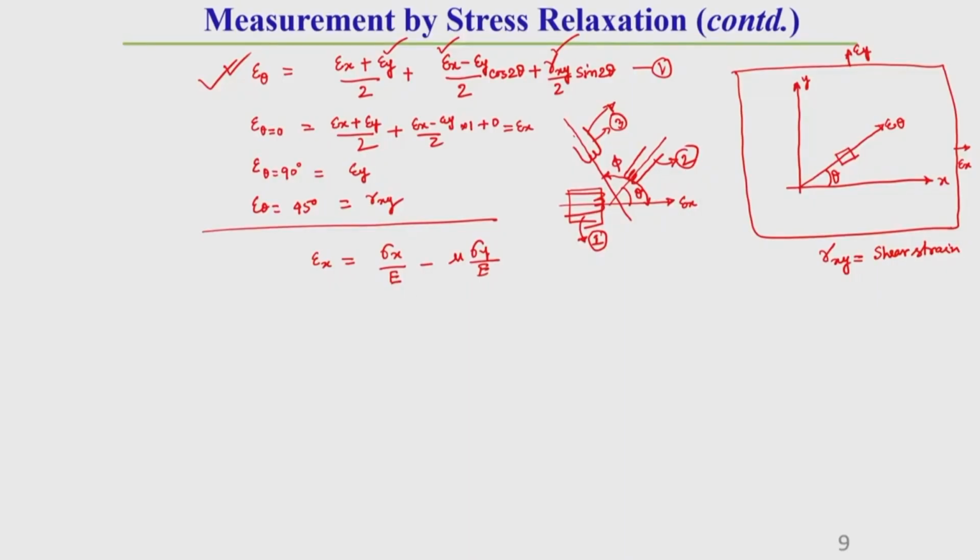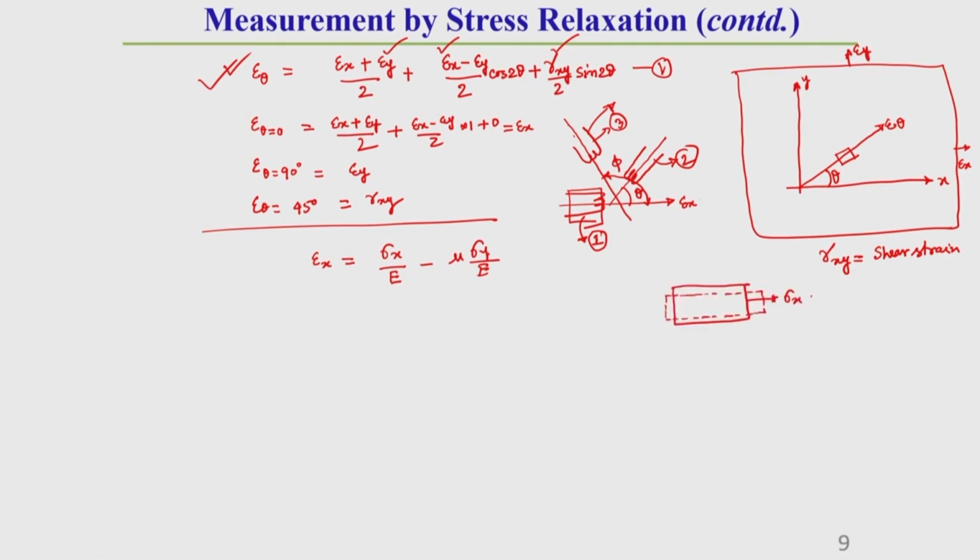If the welding is done along the x axis, we get the longitudinal stress, and along the y axis, perpendicular to the welding direction, we get the transverse stress. I will discuss that in a subsequent slide in detail. Epsilon x is sigma x by E minus mu sigma y by E, and I will show you how that is.